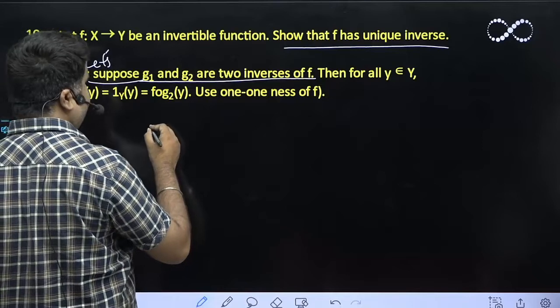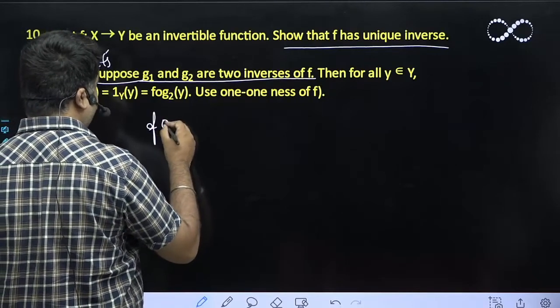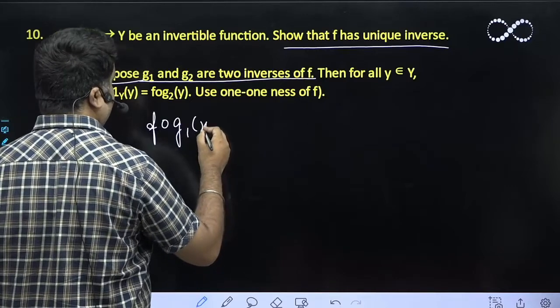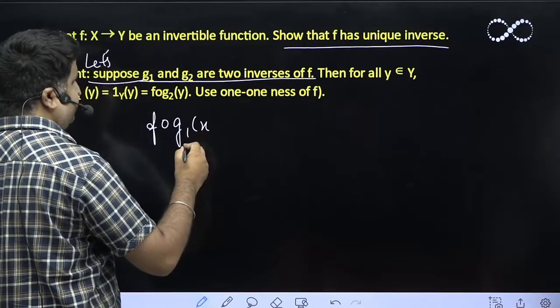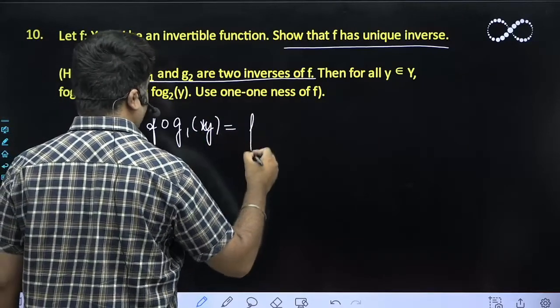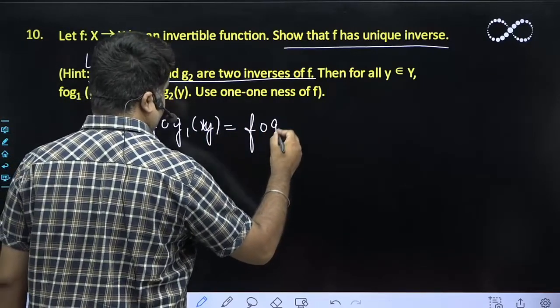So what we get is f of g1(y) is equal to f of g2(y).